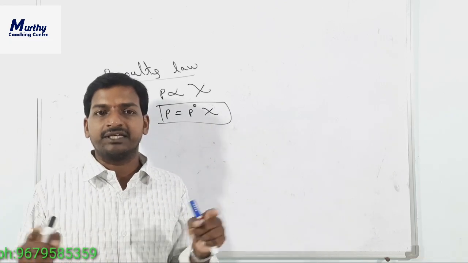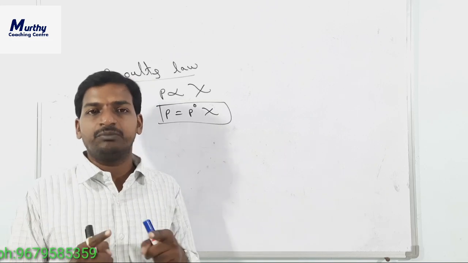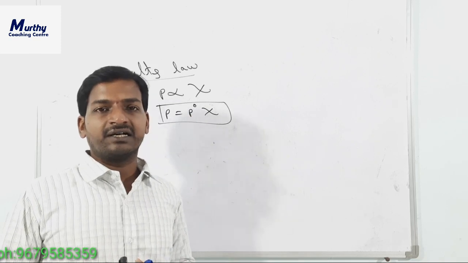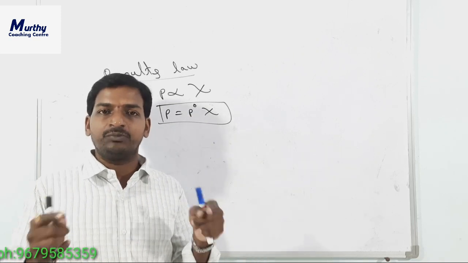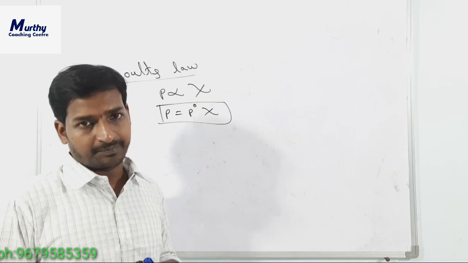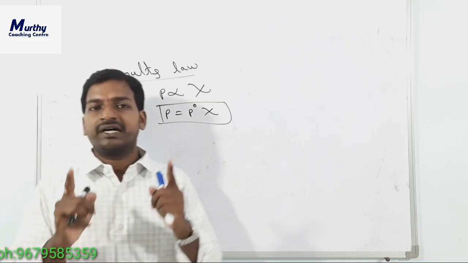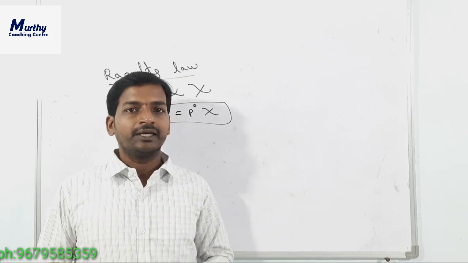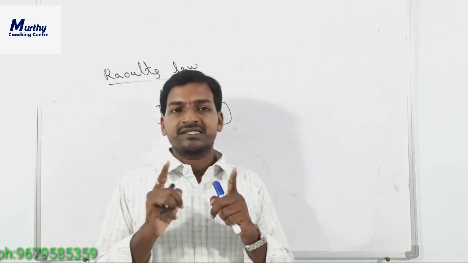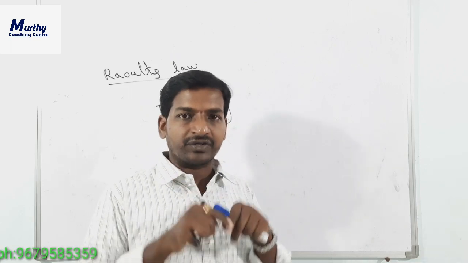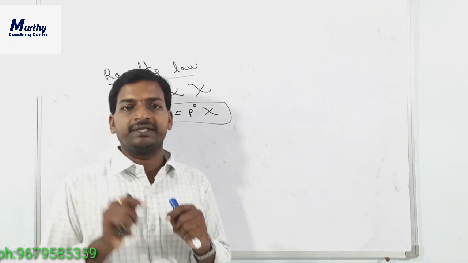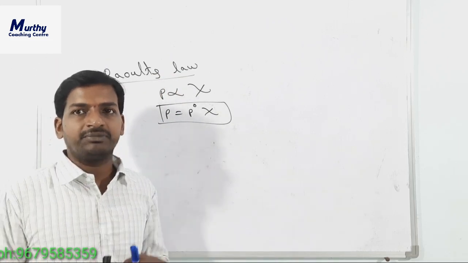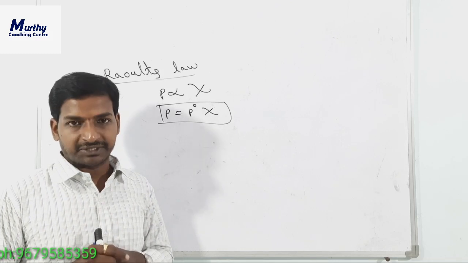Whereas Henry's law explains the solubility of a gas in a liquid system. Both explain solubility, but Henry's law deals with gas in liquid, and Raoult's law deals with the miscibility of liquid in liquid.